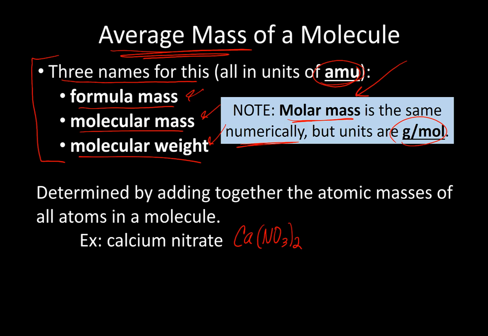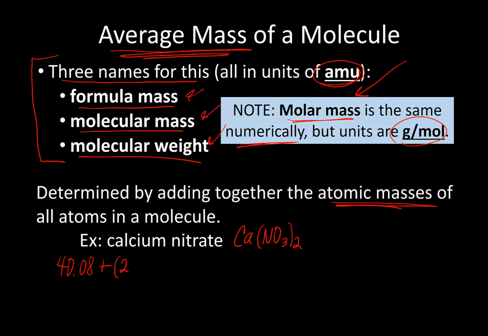What you do is you find the atomic masses of all of the different atoms involved and multiply that by the number of atoms of each in the compound. So for this one, you have calcium is 40.08 plus 2 nitrogens.